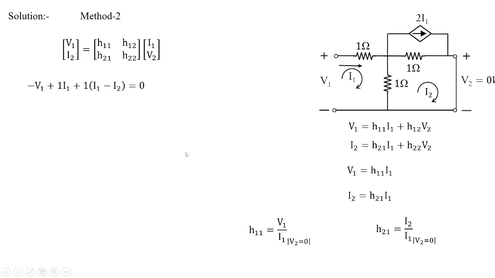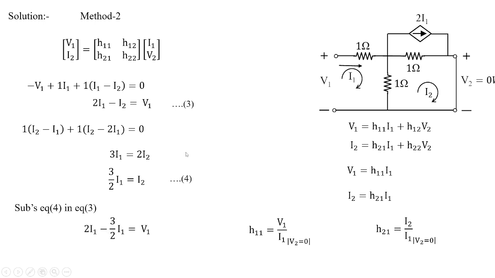Anyhow, we are applying the KVL, and we are going to determine the values of equation 3 and 4 in terms of H parameters, which is equal to 1 by 2 ohms. In fact, you can calculate the value of H21, which is also equal to minus 3 by 2. Now I2 by I1, it's a gain calculation. That's why you don't have any units. This thing you keep in your mind.